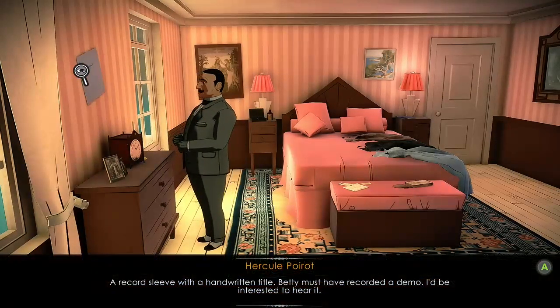A record sleeve with a handwritten title. Betty must have recorded the demo.